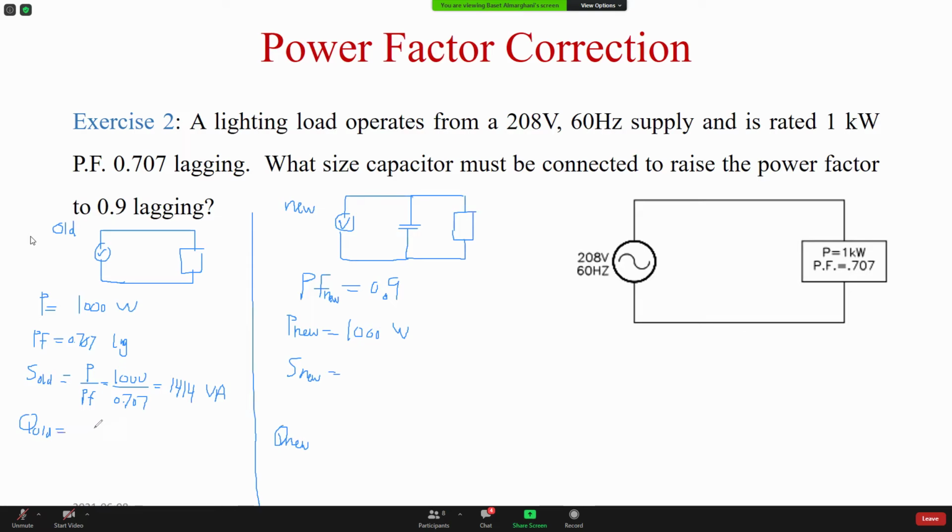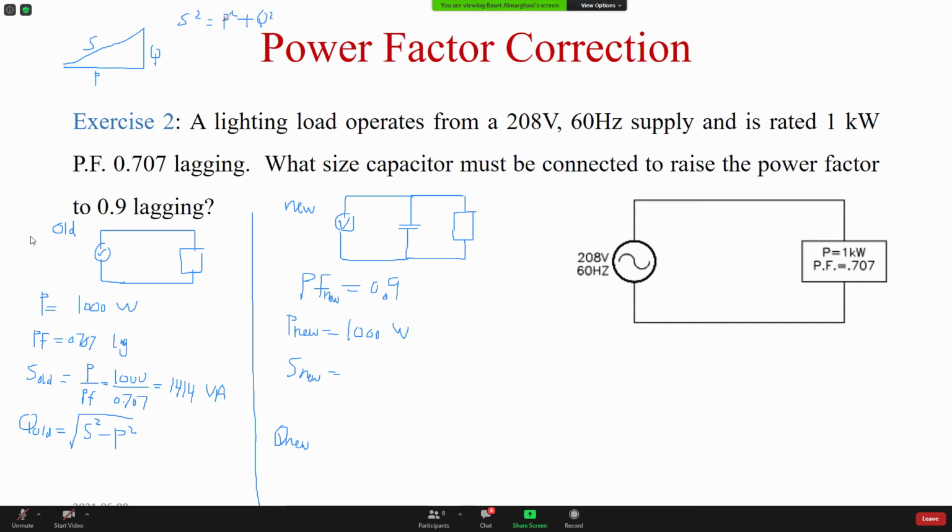Q old is the square root of S squared minus P squared. Always remember, P is the real, Q is imaginary, S is the hypotenuse. So the relationship is S squared equals P squared plus Q squared.